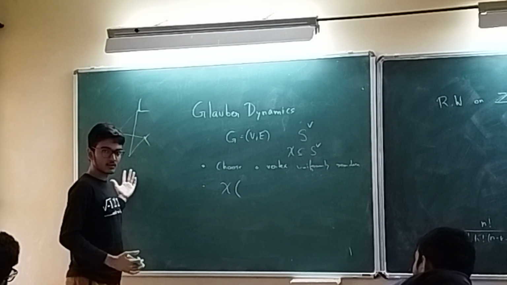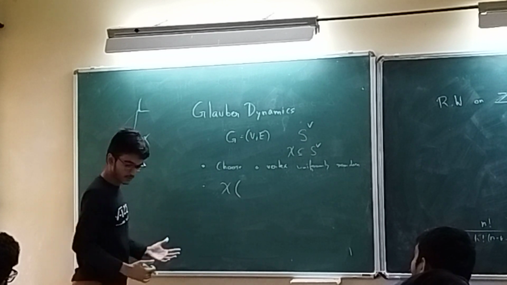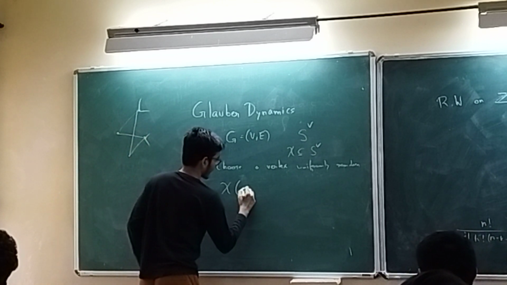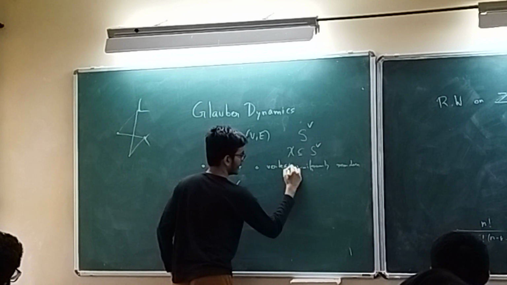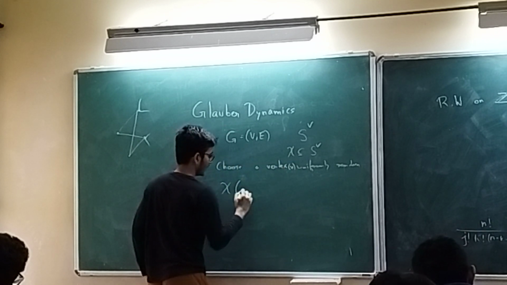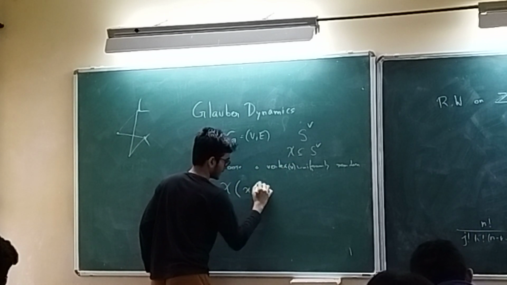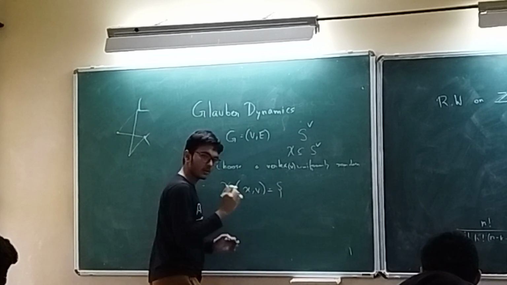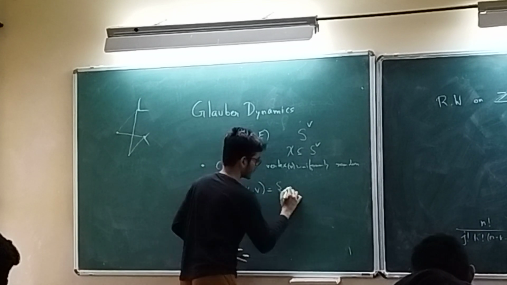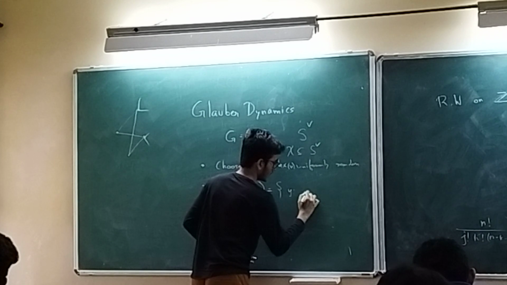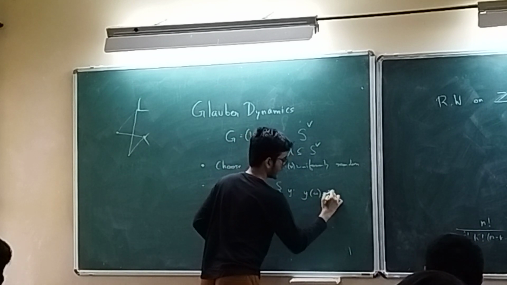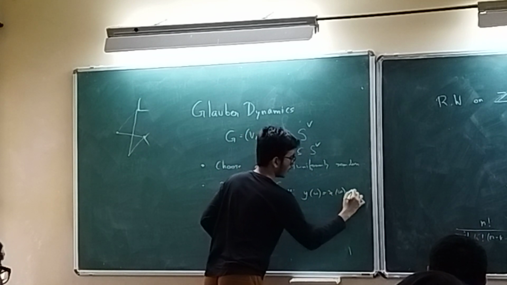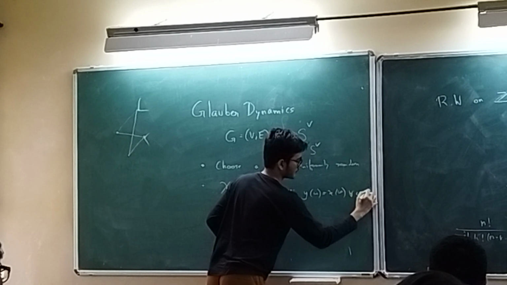And now we want to move to a new coloring. So we already have a configuration x, and I want to move to a new configuration, and let's say I have picked the vertex v. I will look at this set, that is, all possible configurations y in X such that y(w) equals x(w) for all w not equal to v.